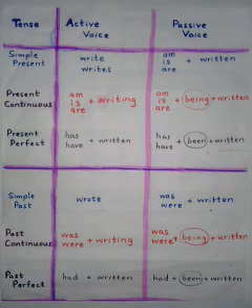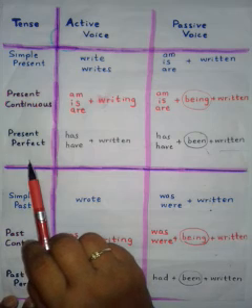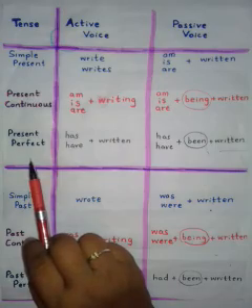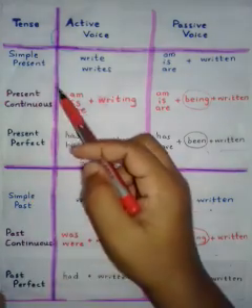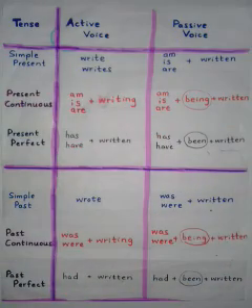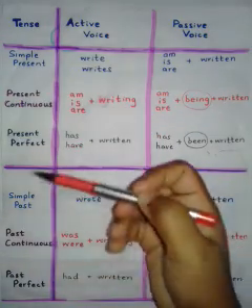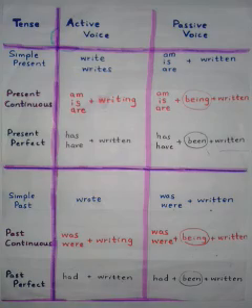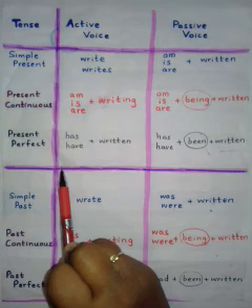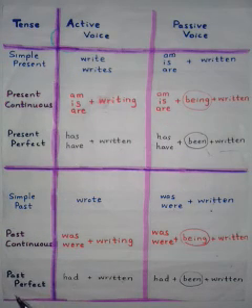We did not discuss the fourth tense here. For the present form and the past form, the fourth tense is present perfect continuous, and for past it is past perfect continuous.